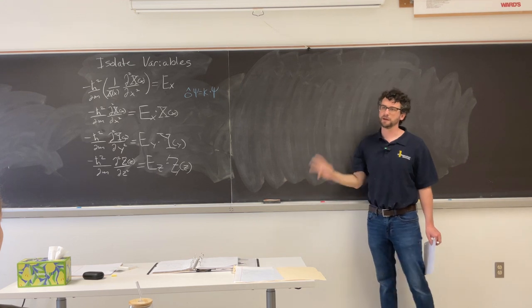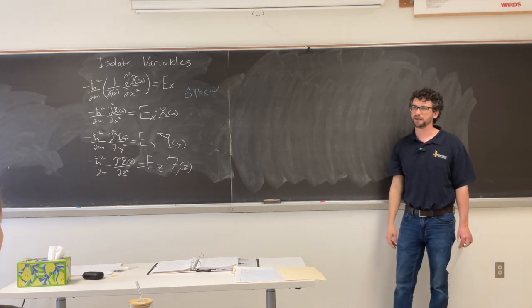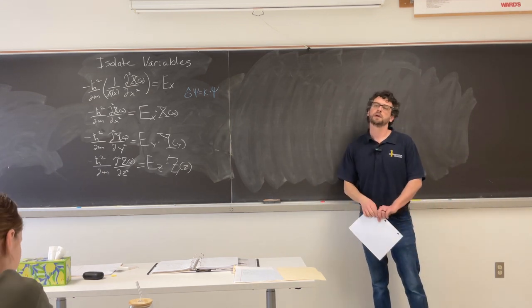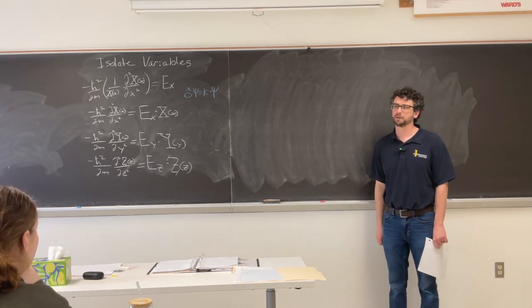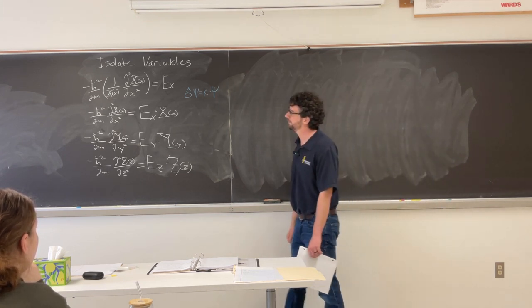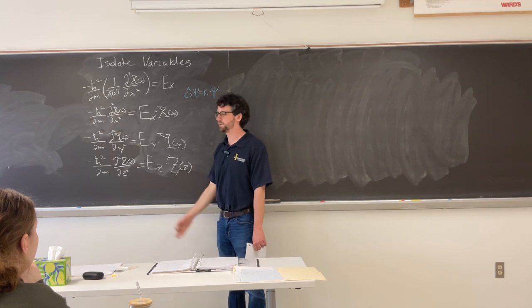Now, how many eigenvalue, eigenfunction problems do we have? Got 3. We got to solve all 3. Crap, that means we have to solve 3. Have we seen this before?